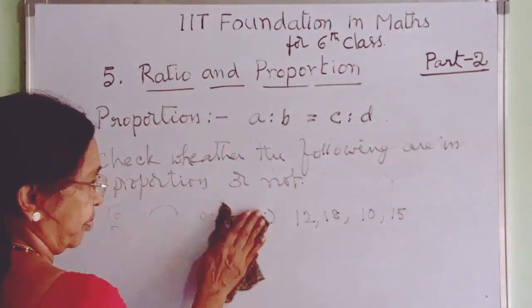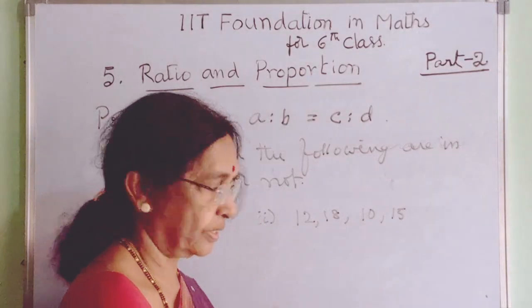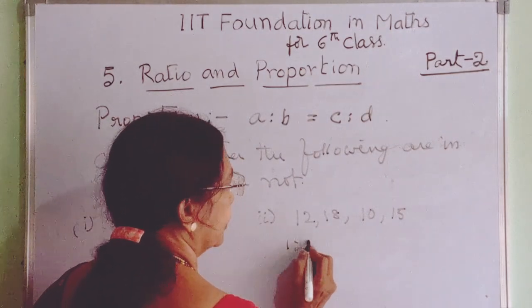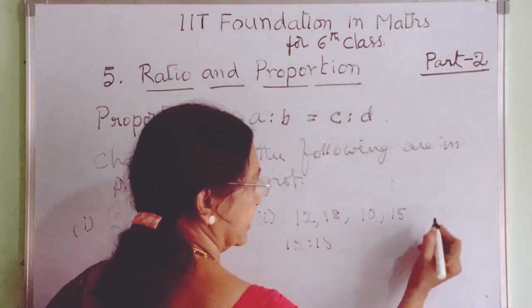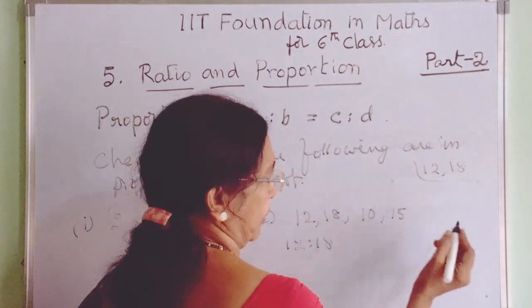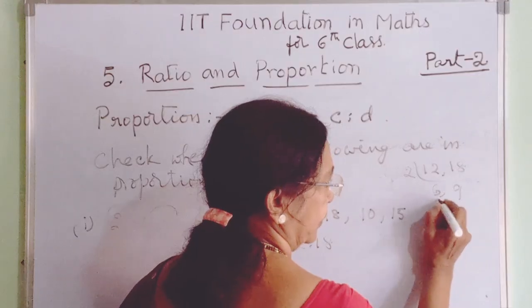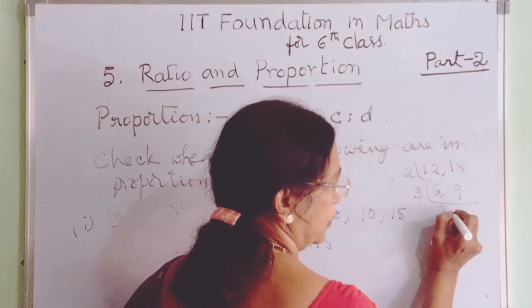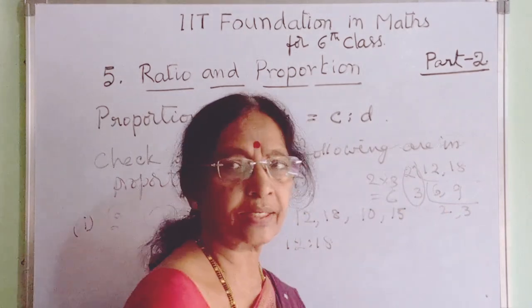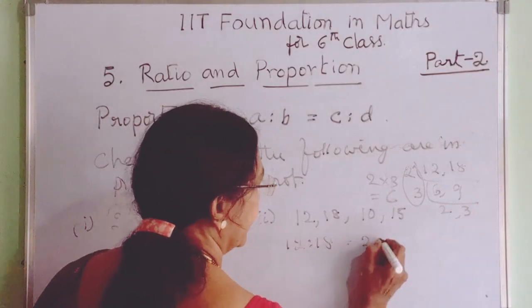Next, going to the next problem: 12, 18, 10, 15. We will see according to the first method. 12 is to 18. The HCF of 12 and 18: both are divisible by 2, 2 sixes are 12, 2 nines are 18. Both are divisible by 3, 3 twos, 3 threes. So 2 into 3, 6, is the highest common factor of those two numbers. Dividing by 6, 6 twos, 6 threes.